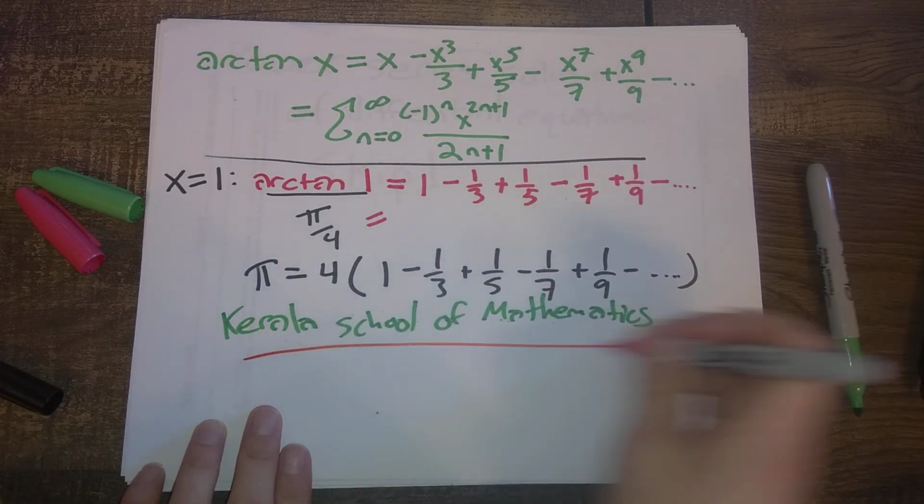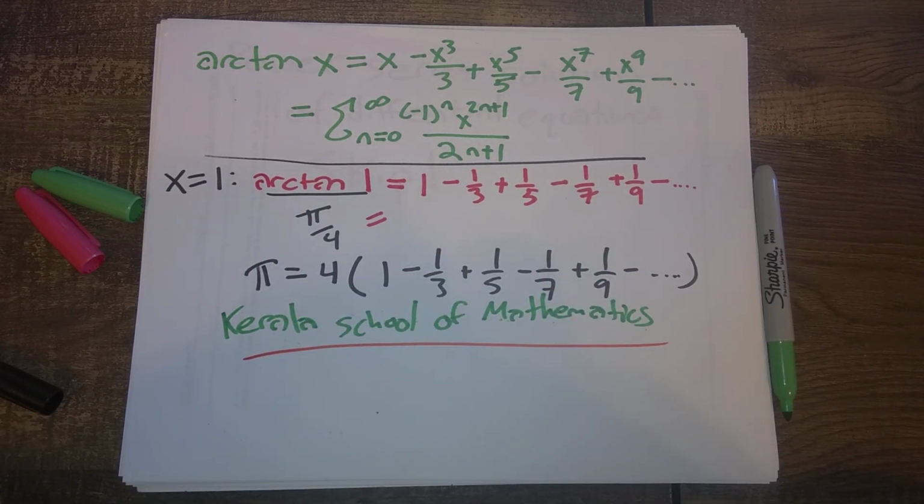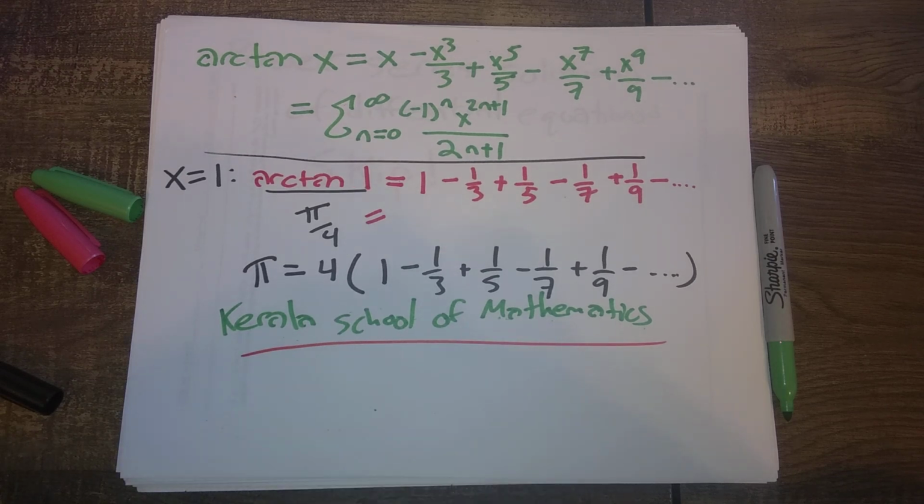Kerala is a region in southern India. My office mate is from Kerala, so he's very happy that I am mentioning this in this video. But this was discovered around the 1400s or 1500s or thereabouts. So well before Newton and Leibniz, mathematicians in India had this formula in their pocket.